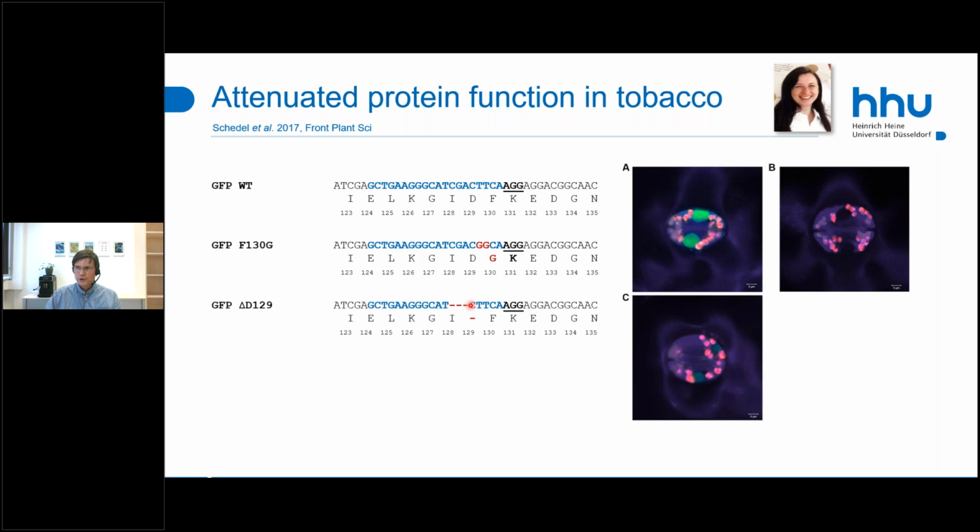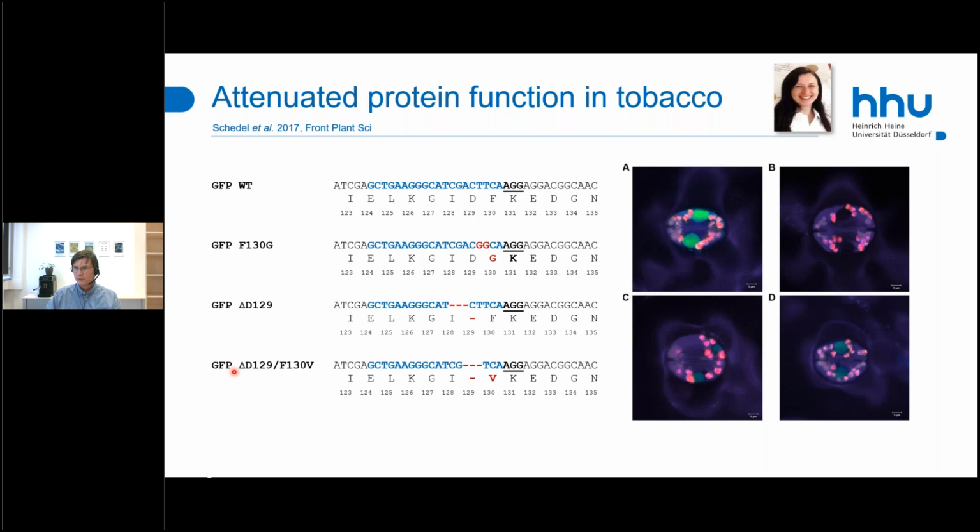Another observation which she made, and which is also related to what I have told you before: by deletion of 3 nucleotides, she loses just 1 amino acid, which led to a so-called attenuated protein function. So you could alter the protein of investigation, you can weaken it, or depending on the outcome, maybe even find something different.